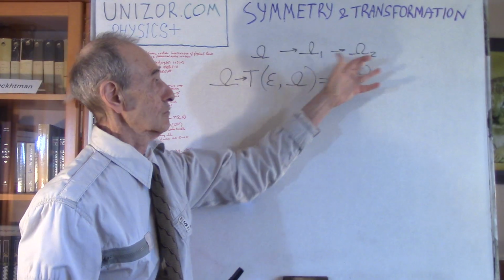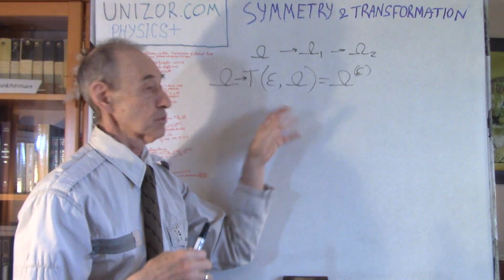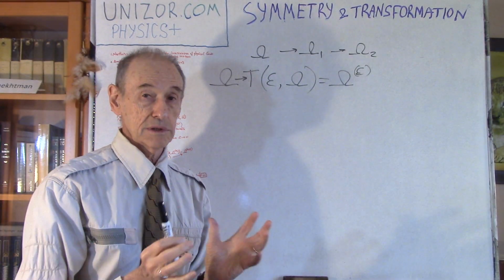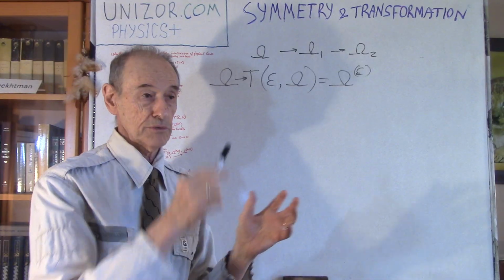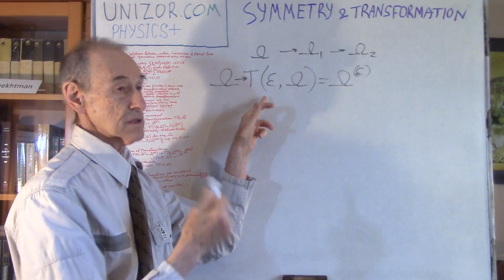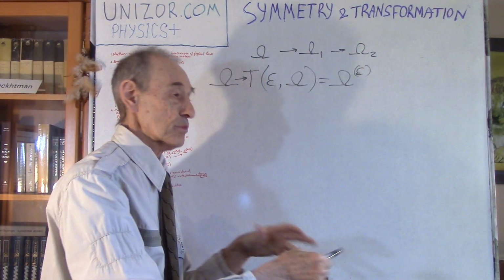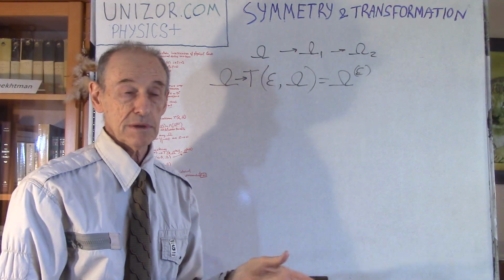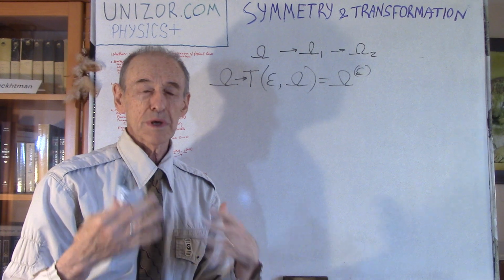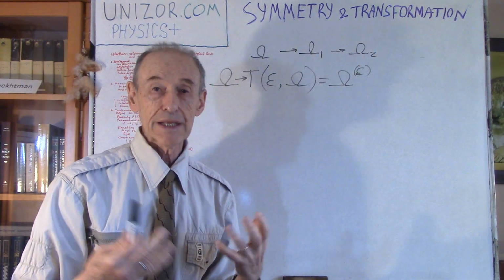So it's a class of objects first, and the transformations which we are talking about are defined within this class. So for any object of this class, we can transform it with a certain value of epsilon to another object. And then the other object can be transformed to something else, etc. But we are still within this set of objects. We are still within the set of positions of our mechanical system, if you wish.